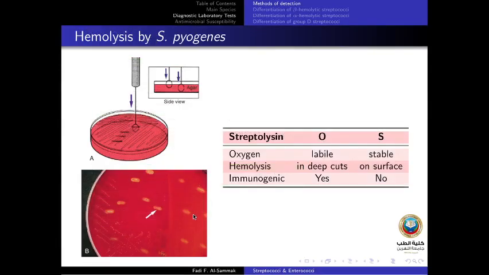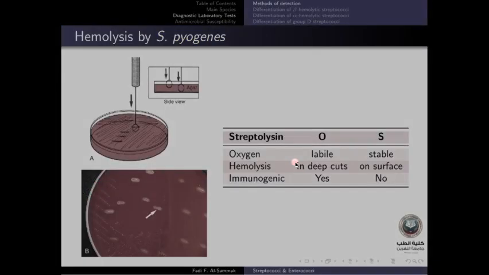Now, for the first group, which is characterized by beta hemolysis, we have, if you remember, S. pyogenes. And in S. pyogenes, the hemolysis is mediated by two types of streptolysins. One is called streptolysin O, and the other is called streptolysin S. Now, these are two different hemolysins, and the O is labile or sensitive and can be inactivated by the presence of oxygen.